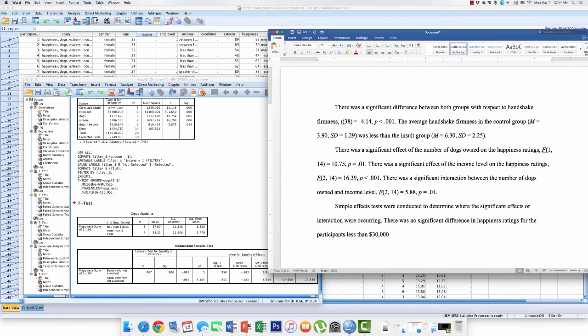And then we're going to talk about the groups of either owning less than 3 dogs or more than 3 dogs.